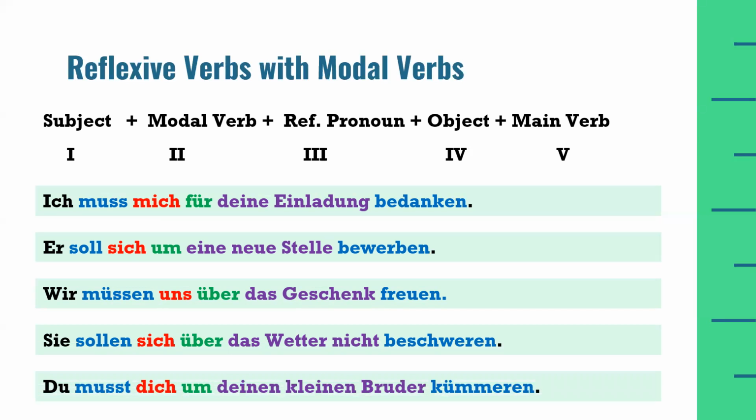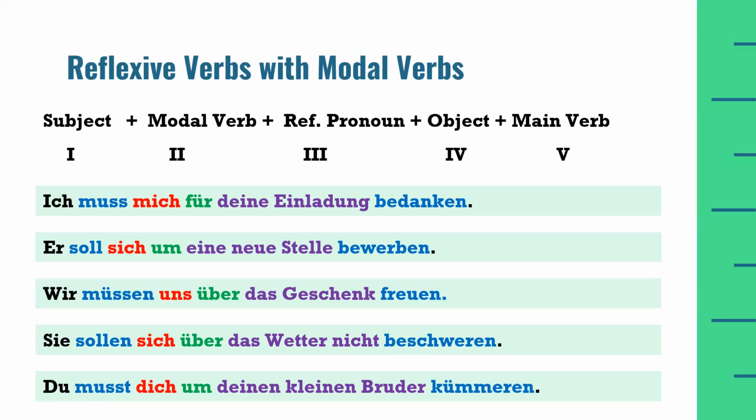Du musst dich um deinen kleinen Bruder kümmern. You must take care of your little brother. Du is the subject and müssen has to be conjugated according to the subject du, so it will become musst, and dich is the reflexive pronoun for the subject du.